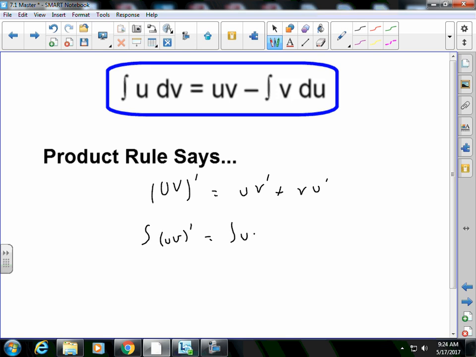I'm going to integrate each bit by itself. After doing that, the integration of the derivative of uv is just uv. And then I have this here, which is u dv plus v du.